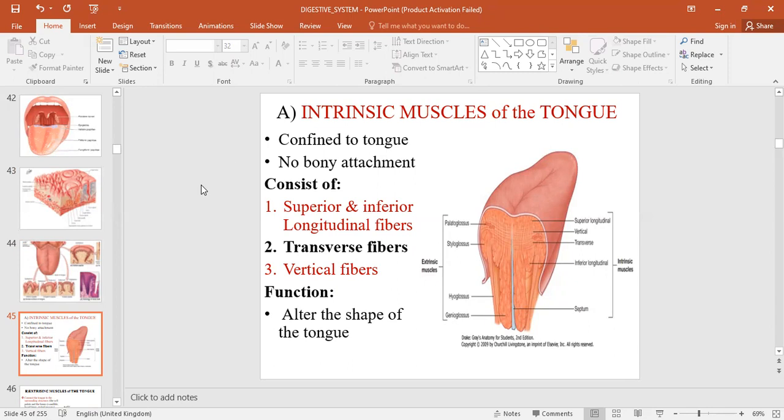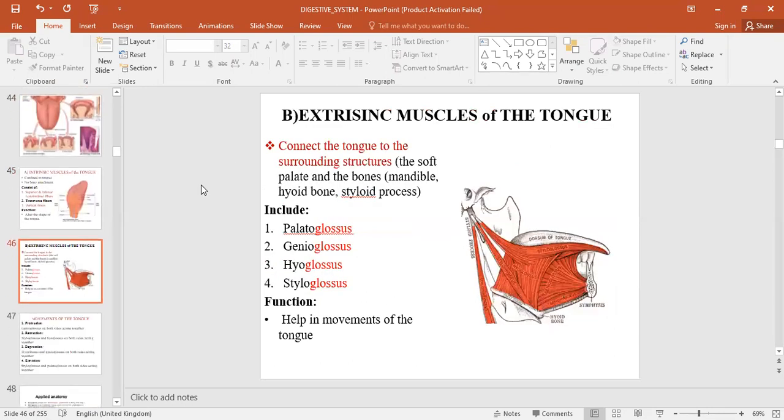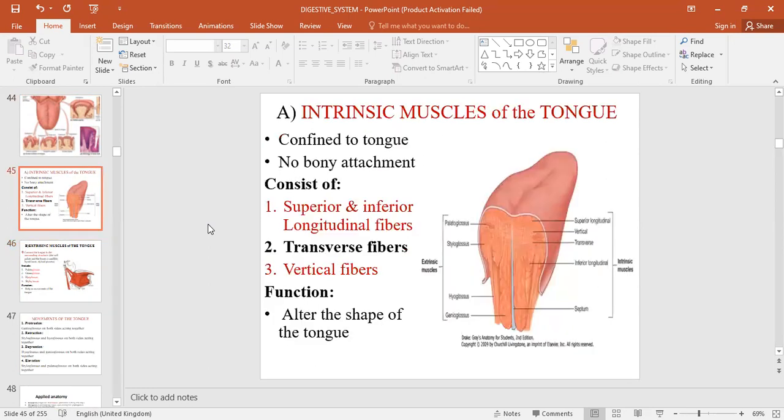Then we have muscles that enter into the tongue from elsewhere around the mouth. We call those extrinsic muscles of the tongue. So we start with intrinsic. There are three types: longitudinal muscles, transverse muscles, and vertical muscles of the tongue.